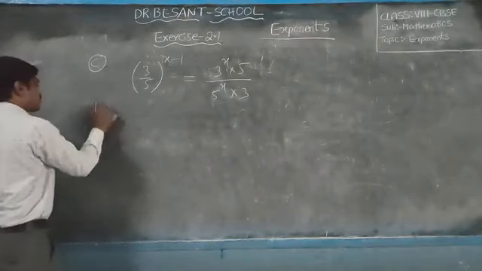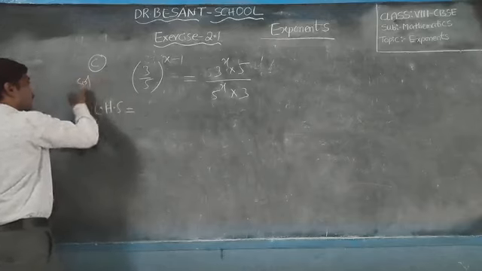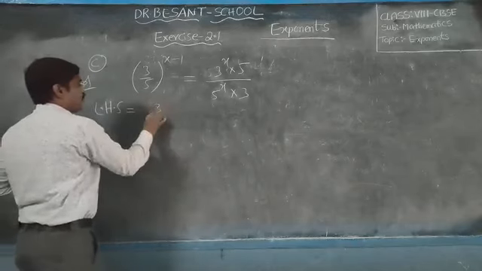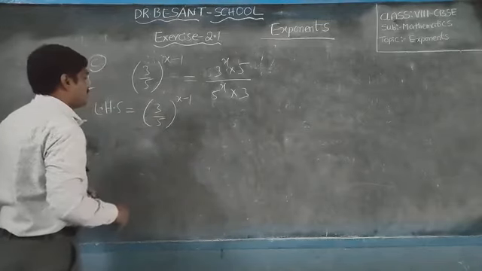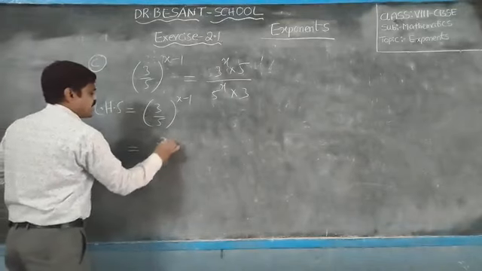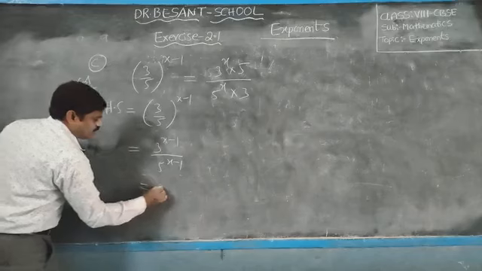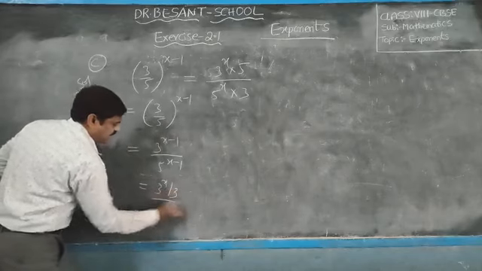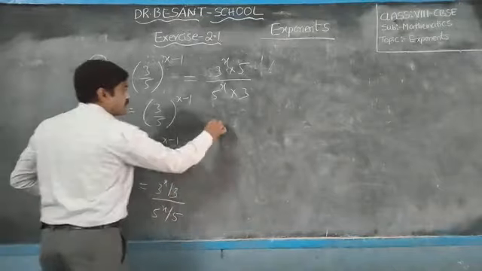Here LHS is equal to 3 by 5 whole power x minus 1. So that is equal to 3 power x minus 1 by 5 power x minus 1. So that is equal to 3 power x by 3, 5 power x by 5.